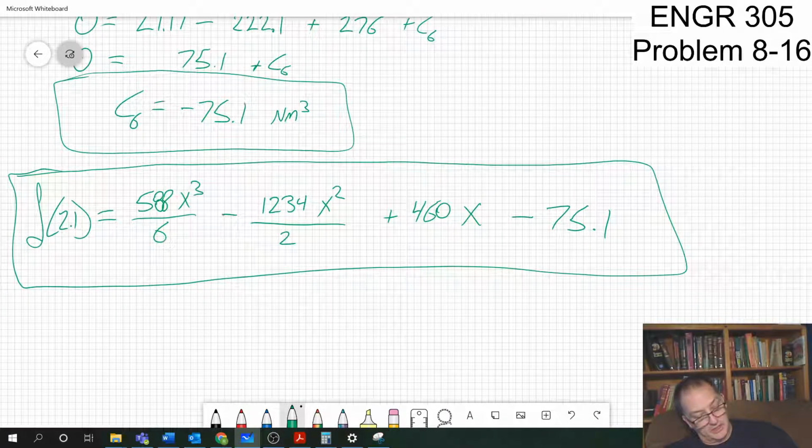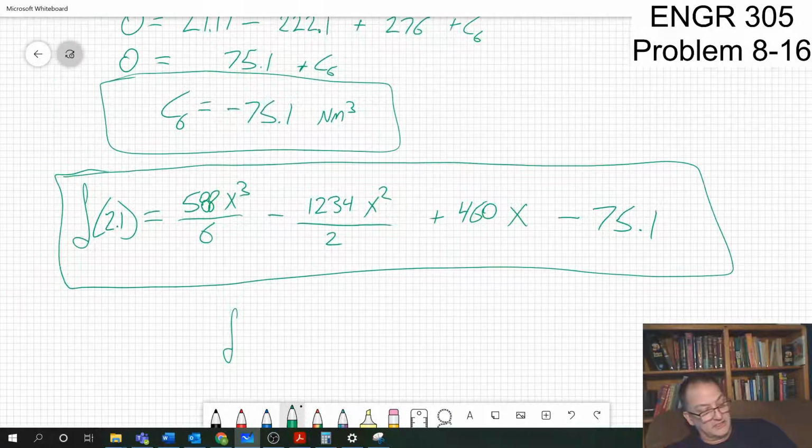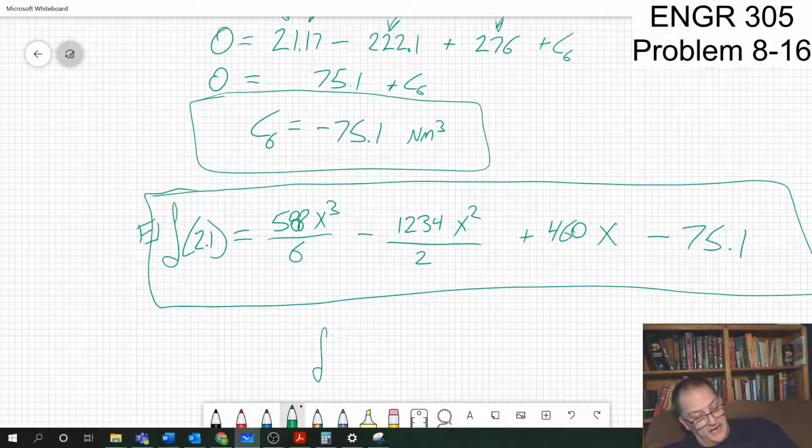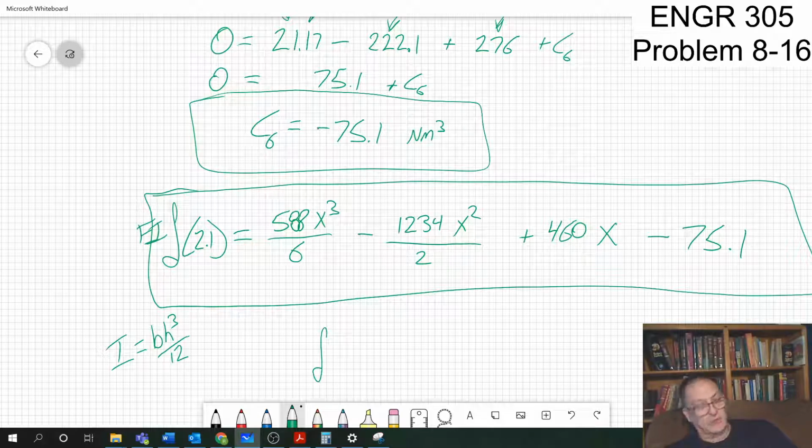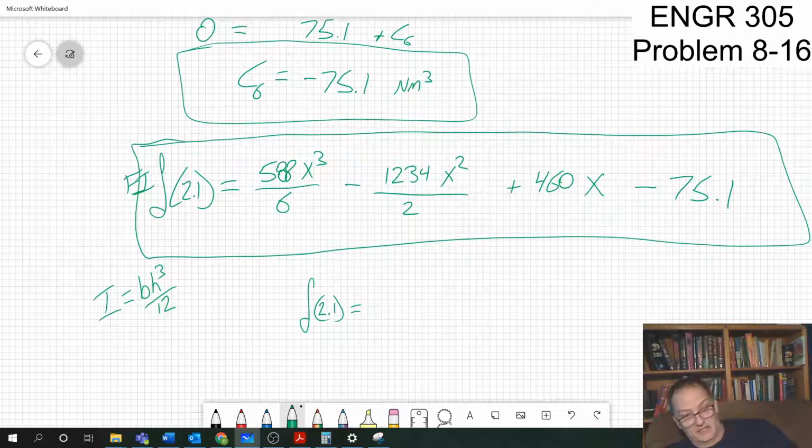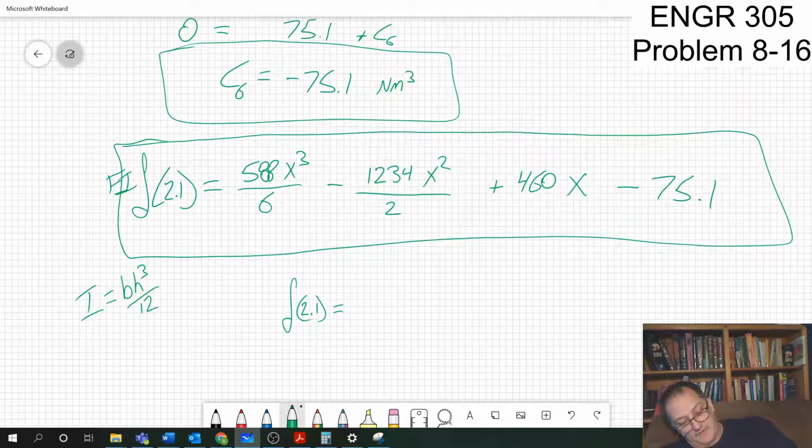If I punch it in, I'm going to get, well, sorry, I have to write an EI out there. Now, E was given to us. I, do you need to know I is equal to the base times the height cubed over 12? You guys can solve that. This is going to give me the deflection at the end of the diving board, equal to 57.9 millimeters.